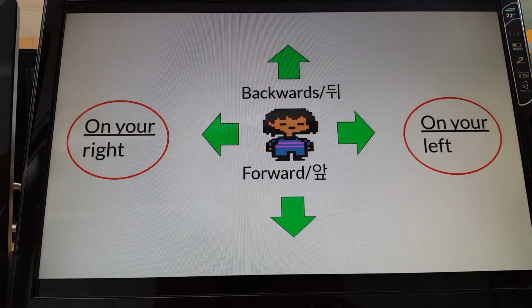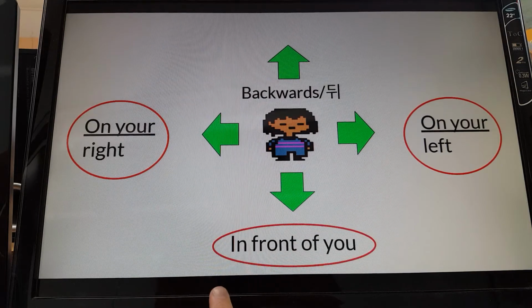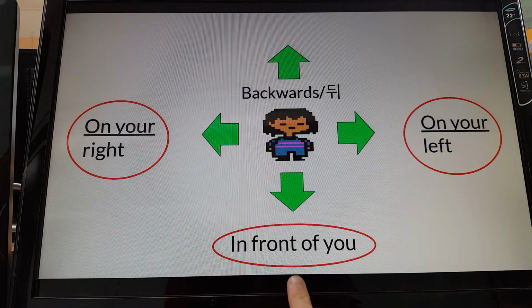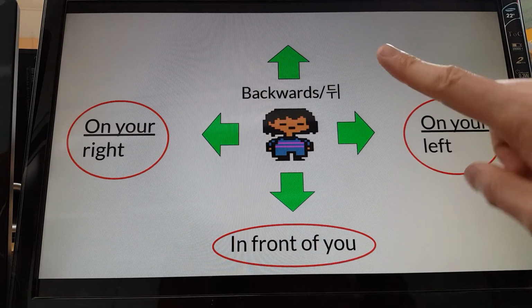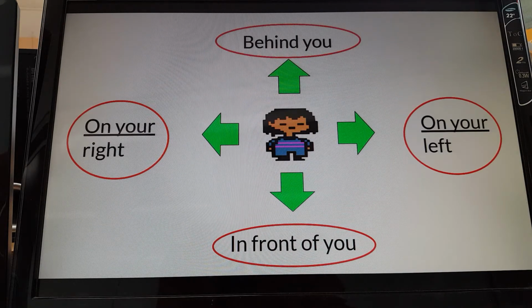Forward and backwards are a little different. So for forward, it is in front of you. In front of you. And for backwards, it is behind you. Behind you. Like that.